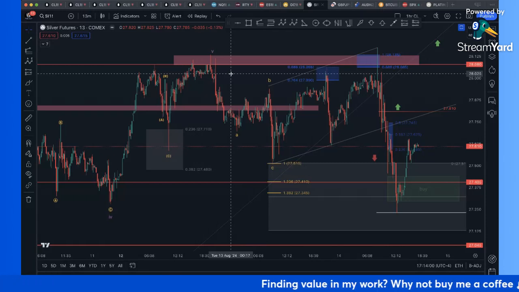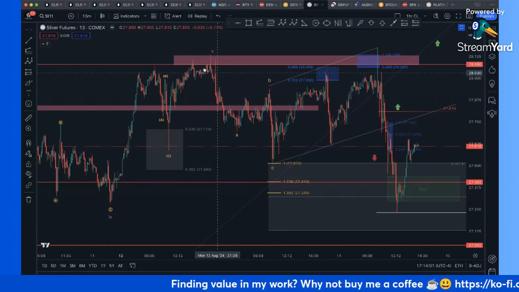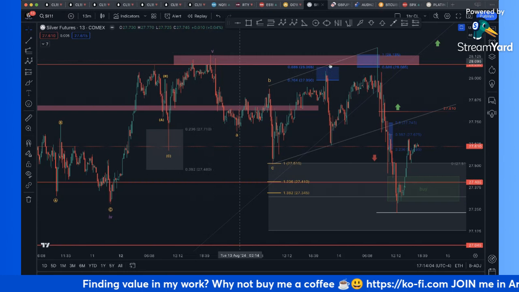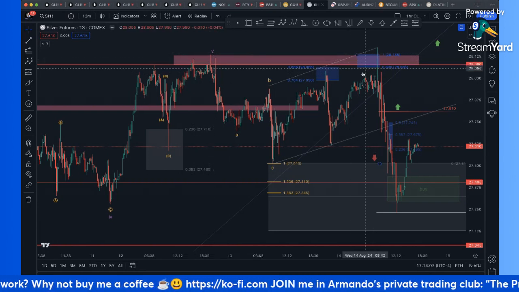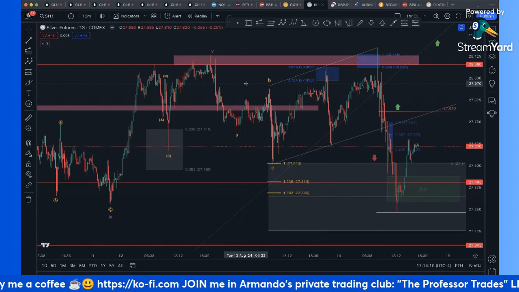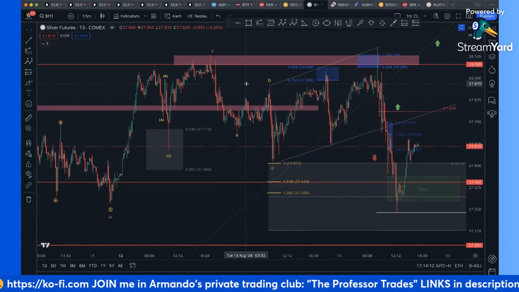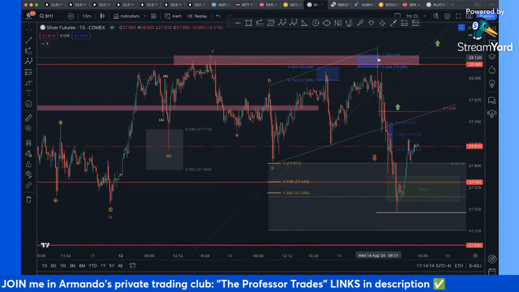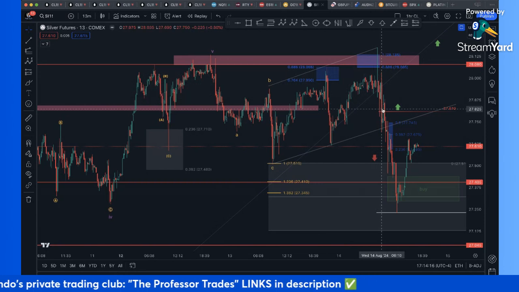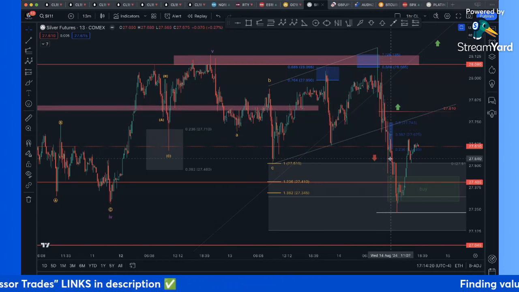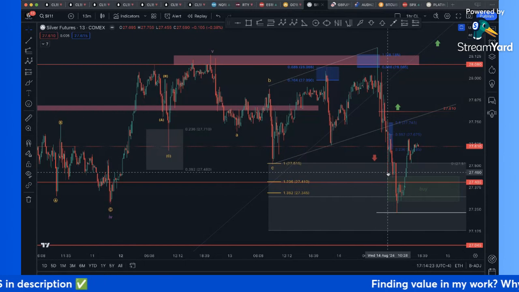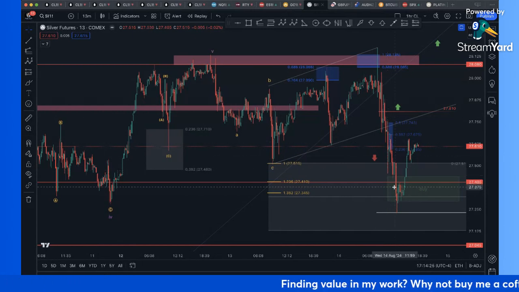And what's remarkable to me is that this level has nothing but wicks above it, which is partly what allowed me to stay short. I do not like to be short metals. It's very dangerous. I survived being short over here, and I actually added shorts. This was a fairly epic trade for me because it came all the way down in here. I started taking it off here, and I took the rest off down here.